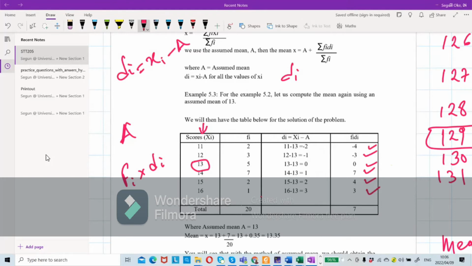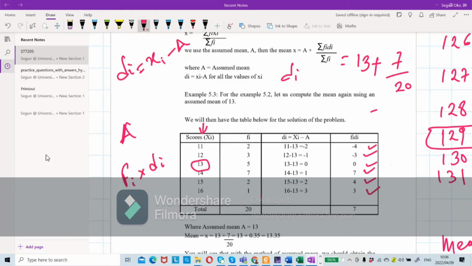So when you add everything together, don't forget your formula is up here. Our assumed mean is what? 13. Plus what? What is the summation of Fi di? 7. 7 divided by summation of Fi, which is 20.